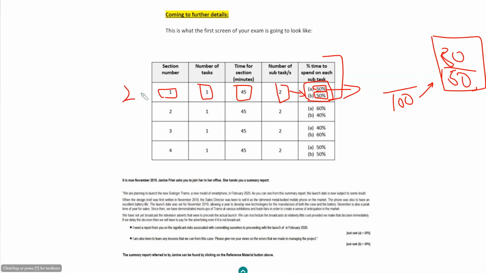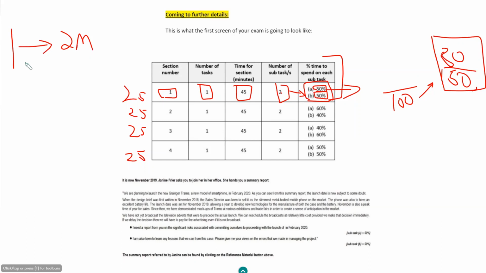So if there are 4 tasks, each task is 25 marks. Correct? And under each task, they've given you 2 subtasks and they've given you the percentage as well. So 25 marks for one task, one subtask is 12.5 marks. So 12.5 marks for task A, 12.5 marks for task B. Now, generally in CIMA, when you write 1 point, it gives you 2 marks.